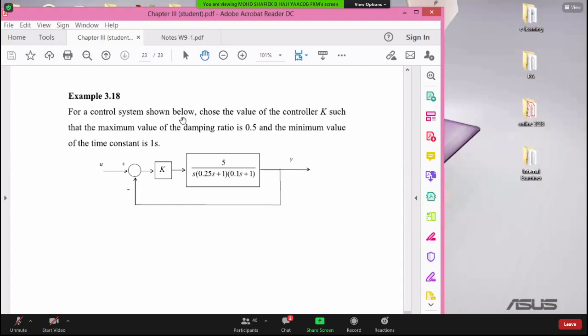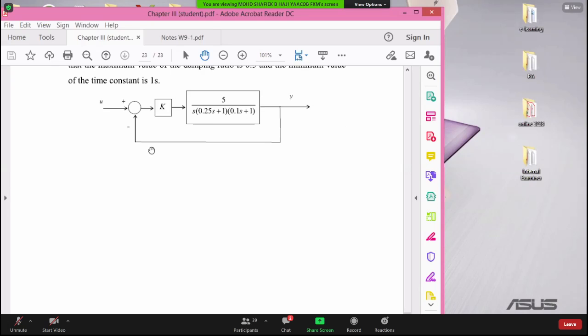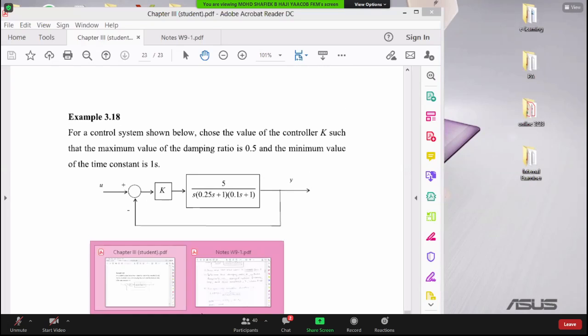For a control system shown below, choose, so this is a nasty question. Choose the value of k such that the maximum value of damping ratio is 0.5 and the minimum value of time constant is 1 second. I think there's a mistake there.